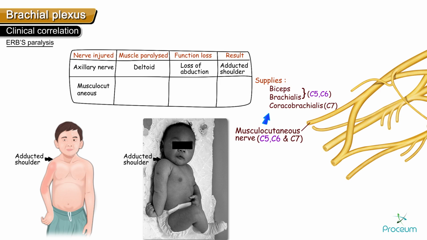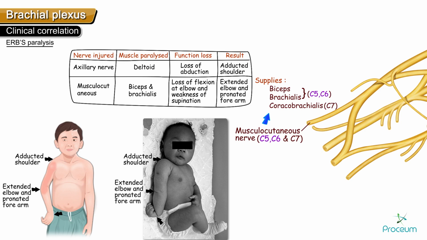Thus, in Erb's paralysis, coracobrachialis is spared, but there is loss of action of biceps and brachialis. Biceps and brachialis help in flexion at the elbow and also assist in supination, so damage to these muscles in Erb's paralysis leads to an extended elbow and a pronated forearm.